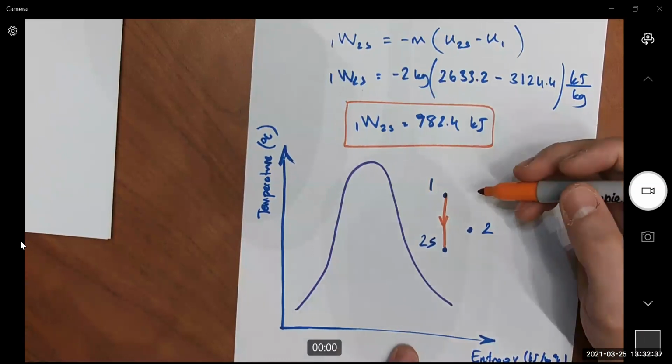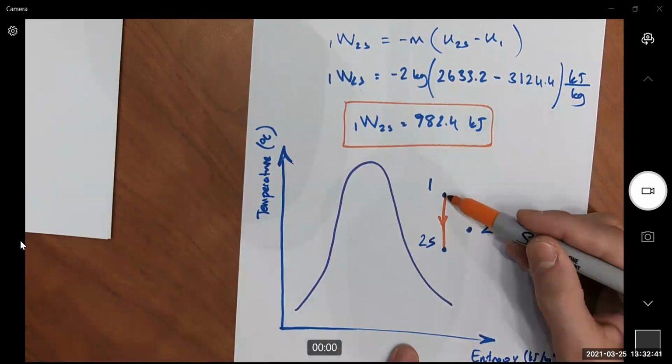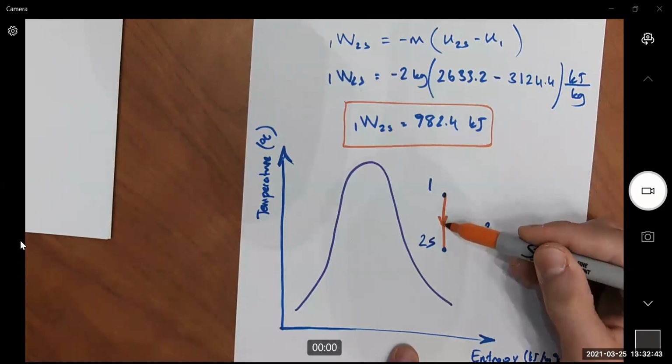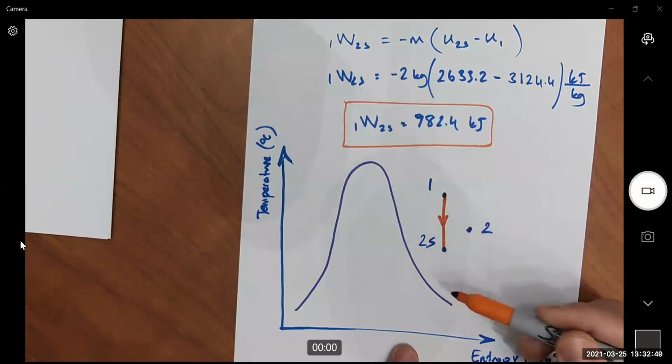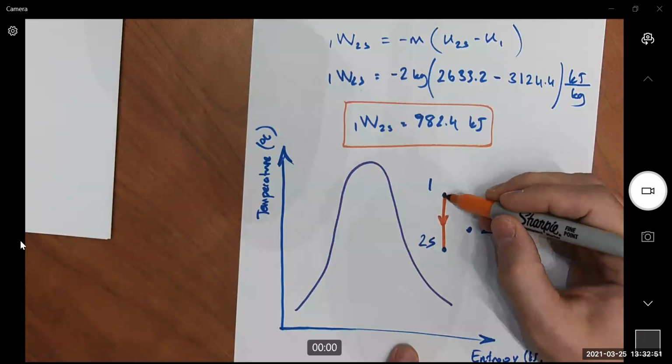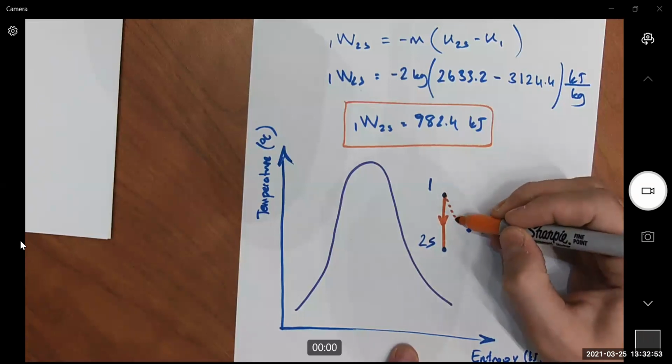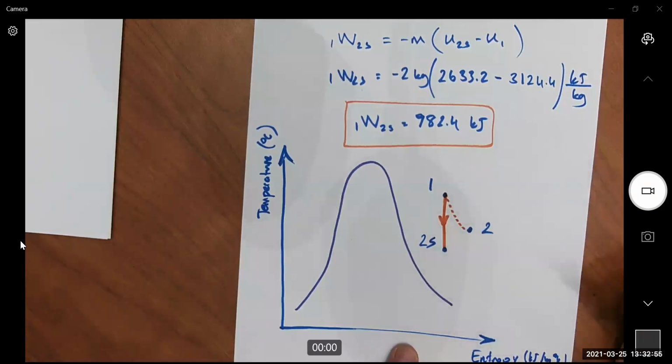So here's the thing. On the diagram, the reversible process is a straight line. For irreversible, the dashed line.